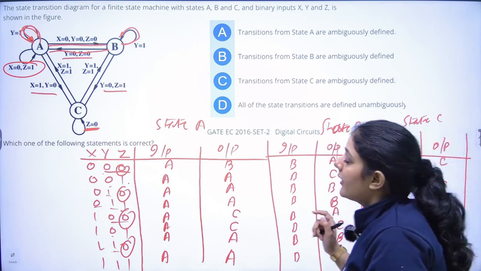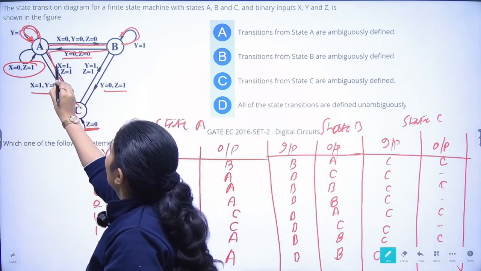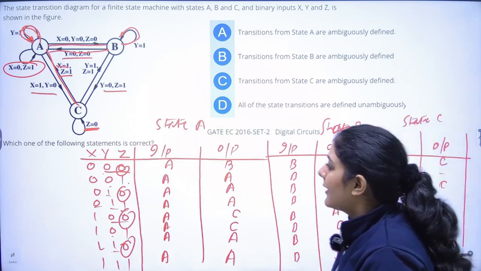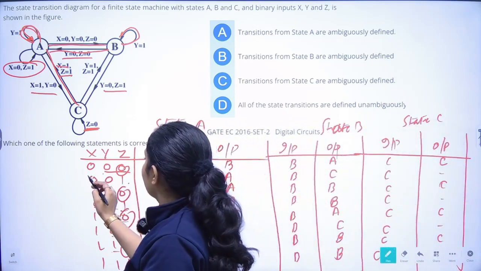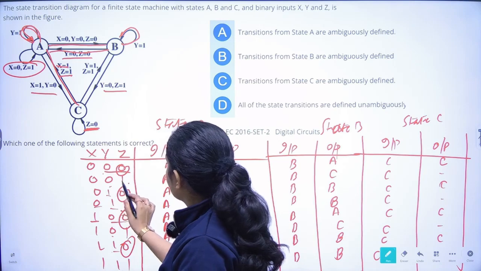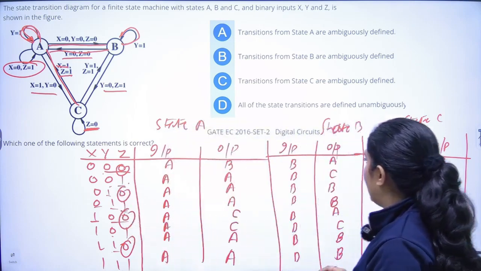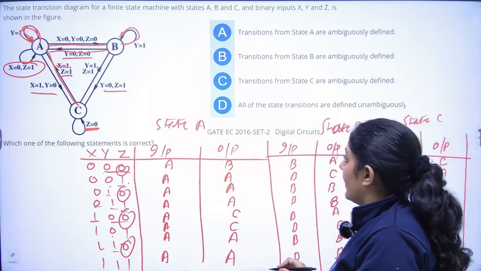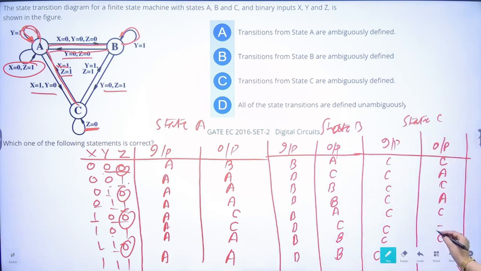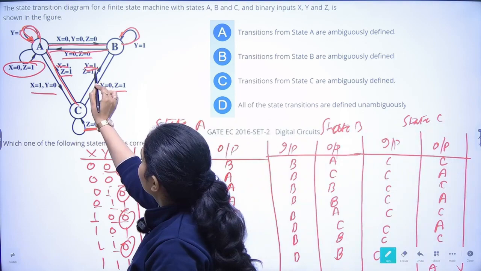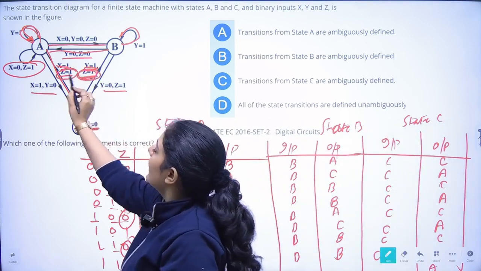Lastly, the output I'll write here. Next, for X = 1 and Z = 1, it is coming to A, and for the other X = 1 entries, also A, and the last will also be A. But here also, for Y = 1 and Z = 1, we can see ambiguity.